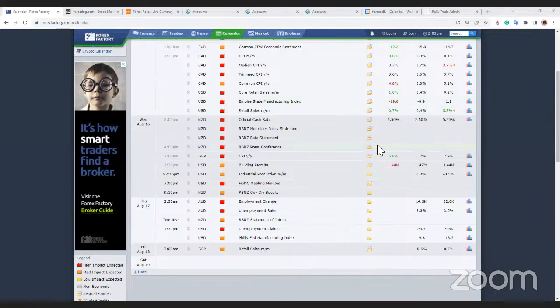I believe you can see my screen, and you can see this is Forex Factory.